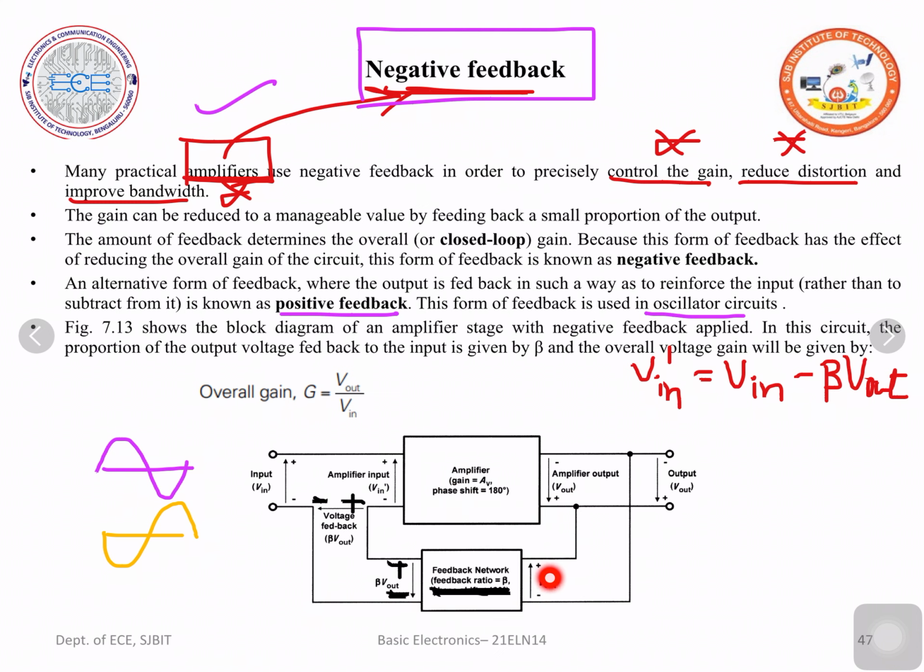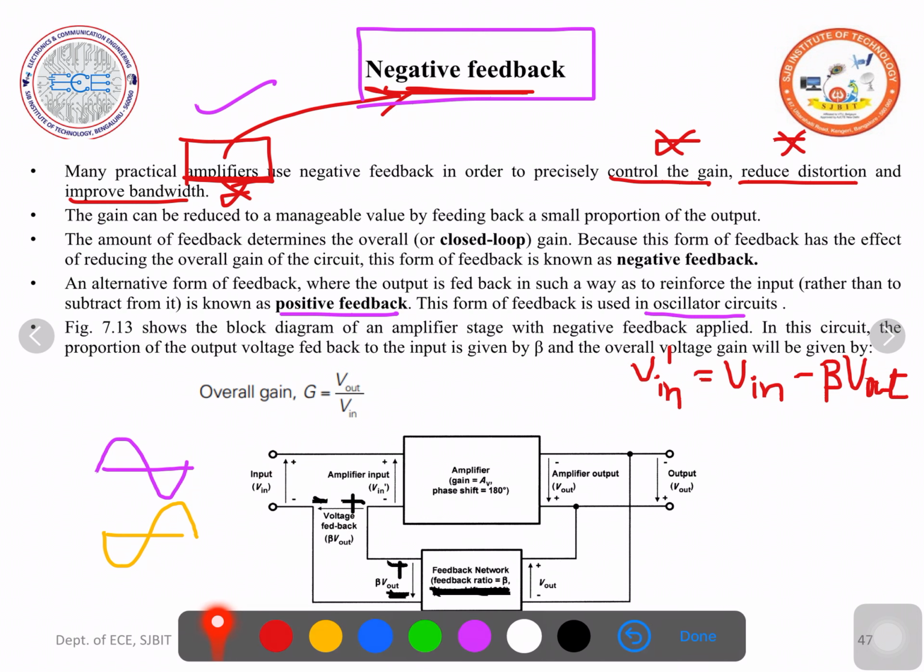Here is V out. The feedback ratio is beta, so the output here becomes beta V out. This beta V out is the feedback voltage. If you observe, this is plus minus, minus plus; they subtract each other. So here we have written V in dash is equal to V in minus beta V out.